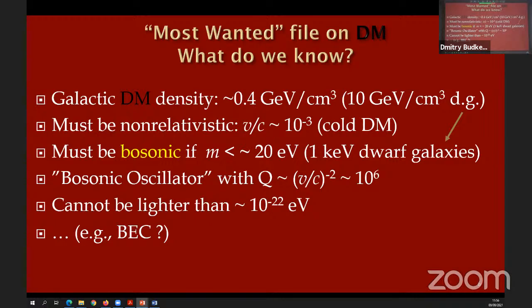We can continue this. I already talked about this last time, that when you have a whole bunch of bosons, then maybe it's not so good to talk about individual particles. Maybe it's better to talk about the collective field, just like we do for the electromagnetic field oftentimes. I mentioned that the Q factor of such an oscillator is 10 to the 6.